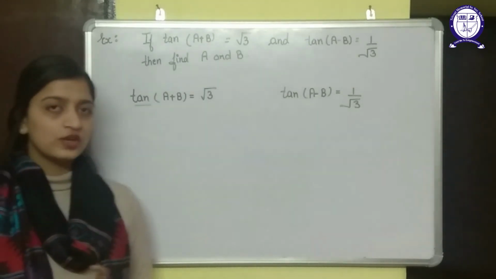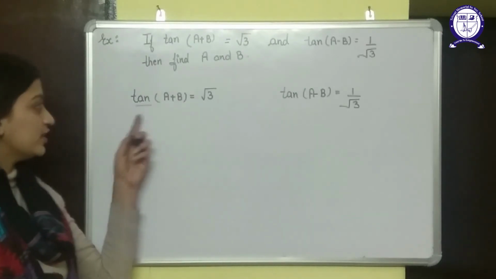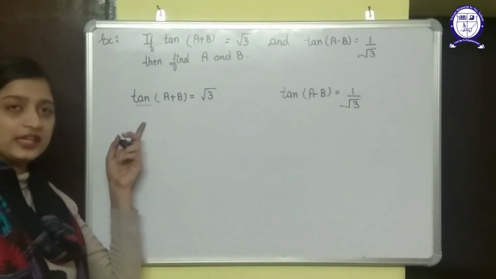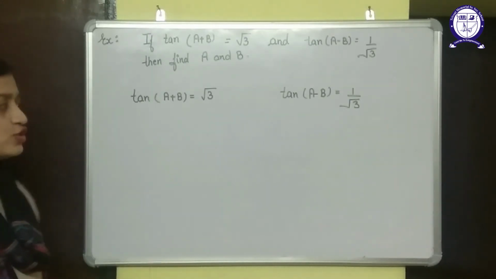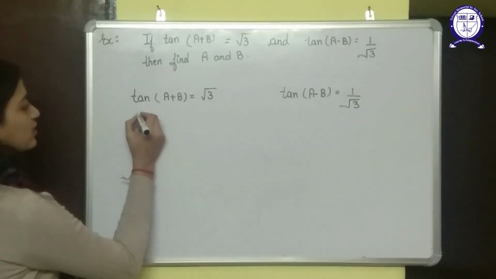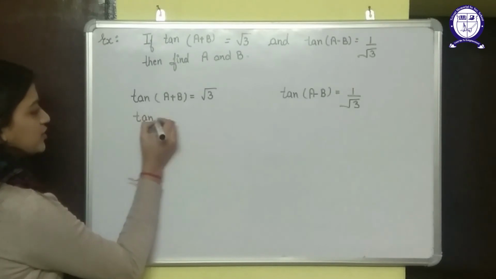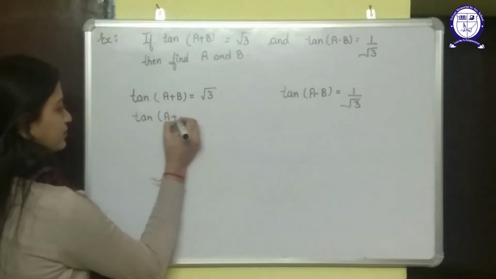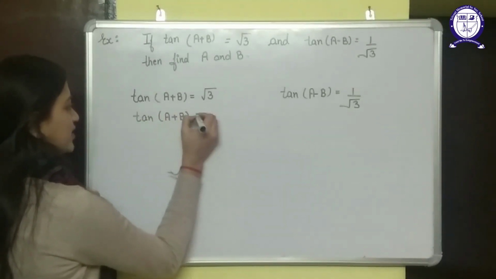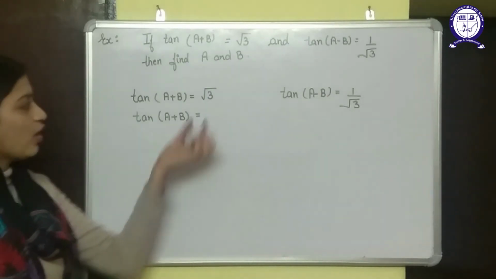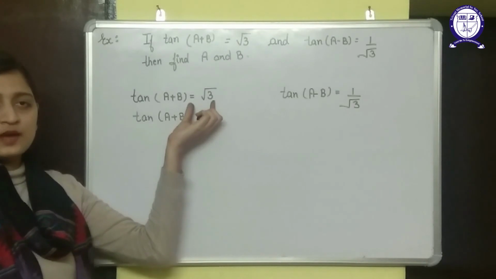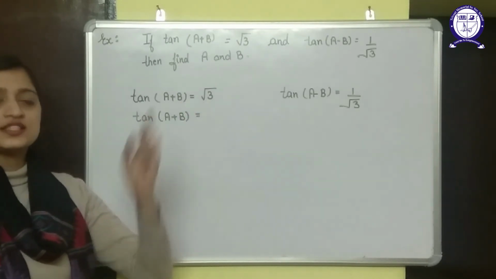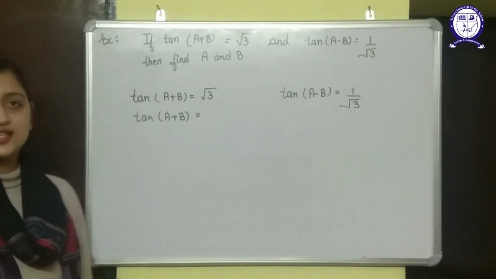So I cannot solve the question until this tan is eliminated from here. So I have to remove this tan. So how we will do it is I can write tan A plus B is equals to root 3. I can change root 3 by saying that root 3 is the value of tan 60.